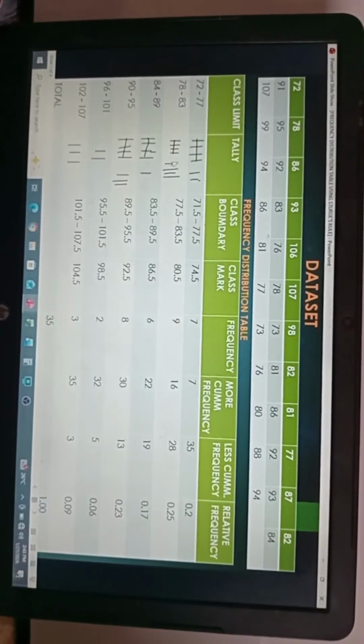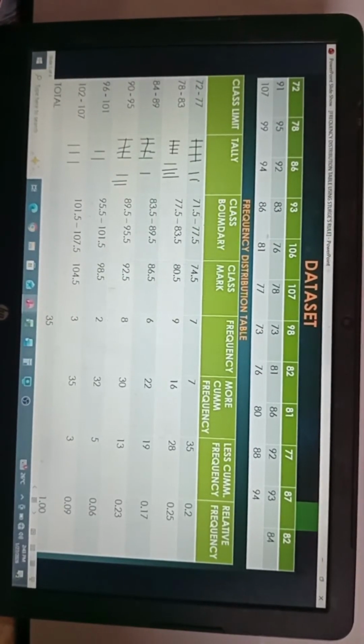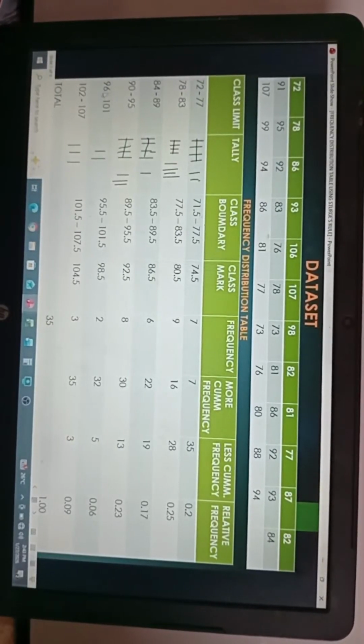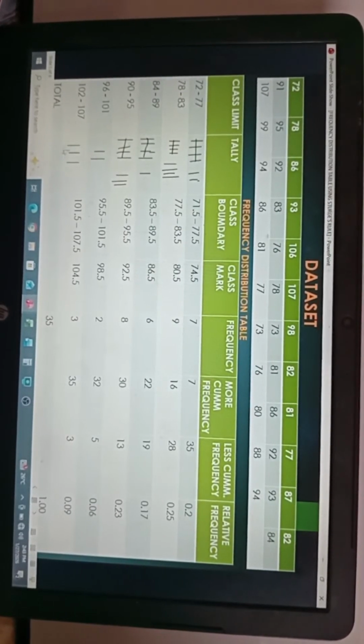Then we count 1, 2, 3, 4. 5 plus 4 is 9, and so on and so forth. Between 90 to 95, we have 8, as you can see here. Between 96 to 101, we have 2. 102 to 107, we have 3.